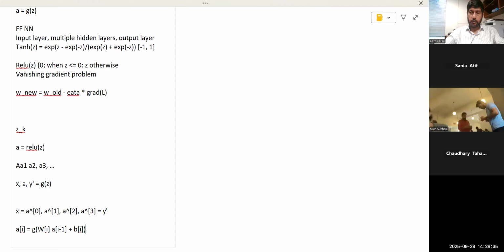Yes, the subscript would, because a, b and all of these are vectors. जो subscript ला लेंगे तो you can use them as one element of that vector. So this is vector. G is activation function. So W I've used as a capital. So this is a matrix now.